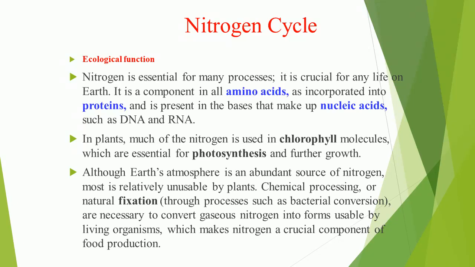Although Earth's atmosphere is an abundant source of nitrogen, most is relatively unusable by plants. Chemical processing, or natural fixation, through processes such as bacterial conversion, are necessary to convert gaseous nitrogen into forms usable by living organisms, which makes nitrogen a crucial component of food production.